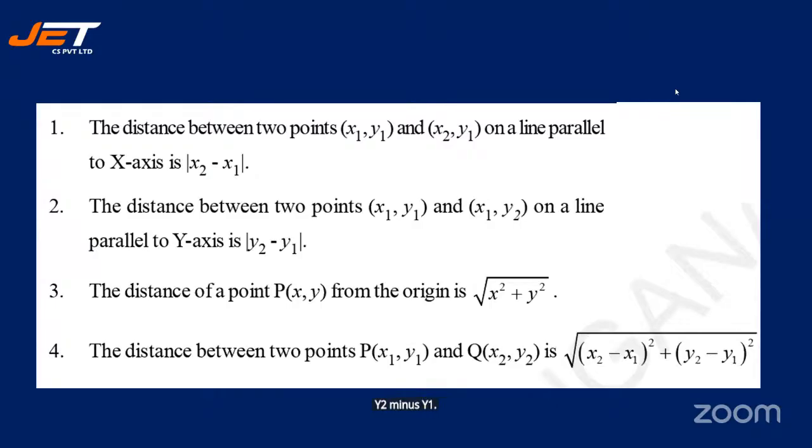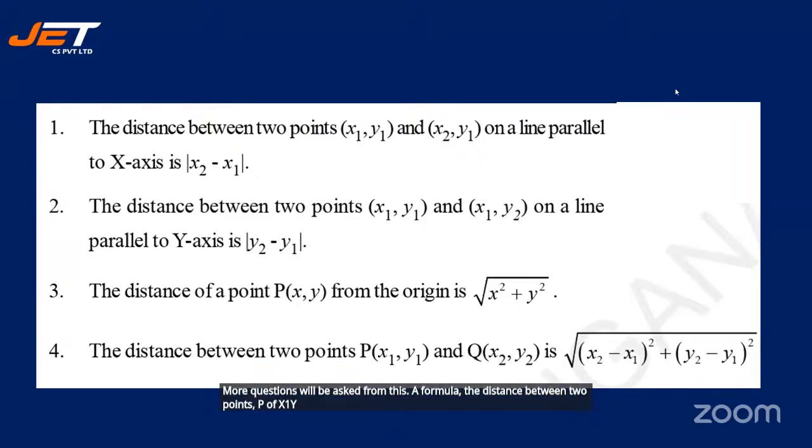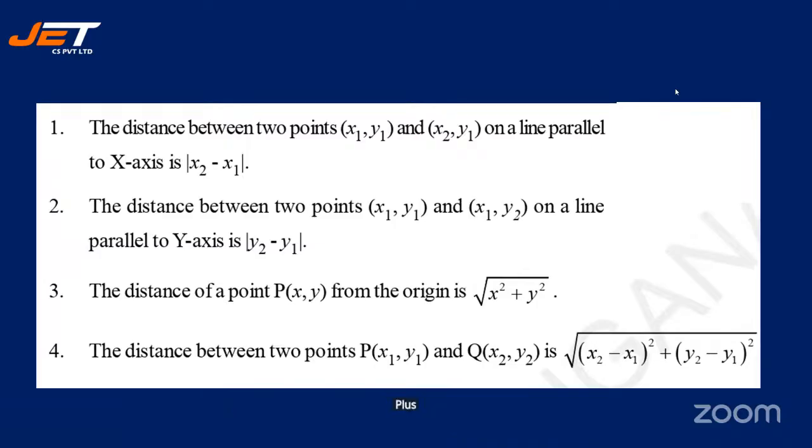And the distance of a point P of x comma y from the origin is root of x square plus y square. And the distance between 2 points, the one which we are commonly using, more questions will be asked from this formula. The distance between 2 points P of x1, y1 and Q of x2, y2 is root of x2 minus x1 the whole square plus y2 minus y1 the whole square.